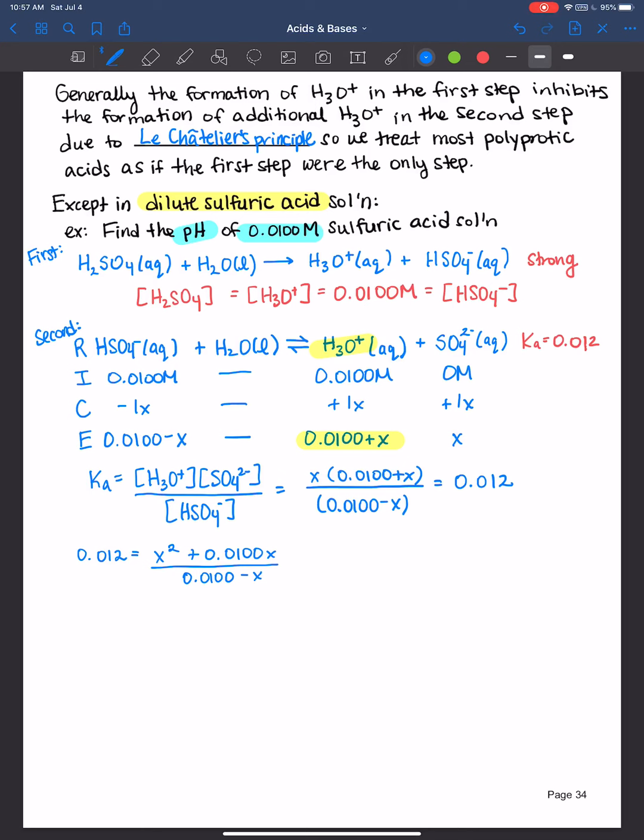I'm going to multiply both sides by the 0.01 minus X. I'm going to combine like terms and then set one side equal to 0 to get me into the quadratic form.